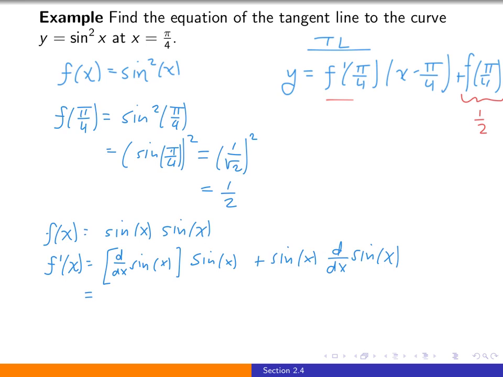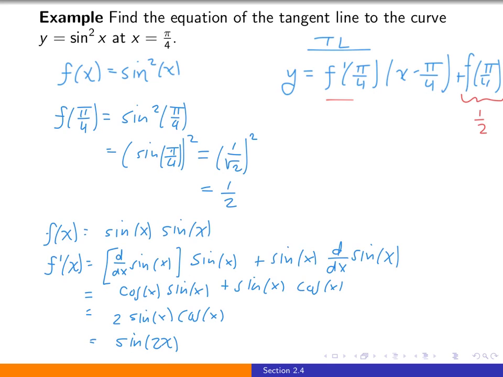The derivative of sine is cosine, so we have cosine sine plus sine cosine, which is 2 sine cosine, because we have the same term added up twice, so there's 2 of them. And from the double angle formula, this is equivalent to sine of 2x.